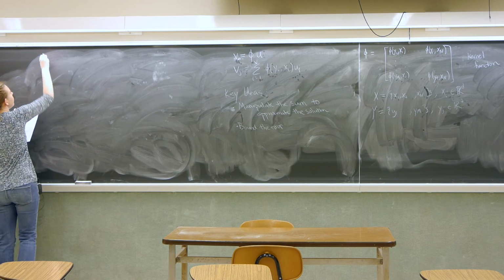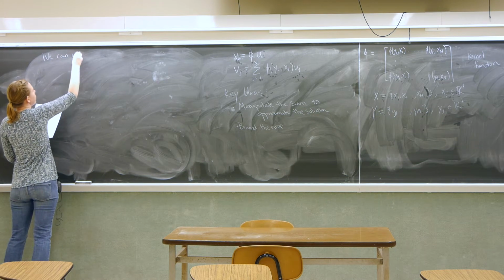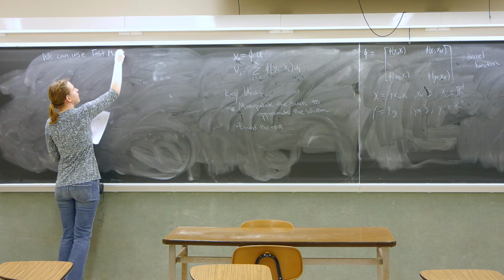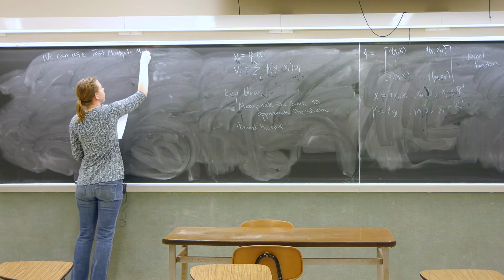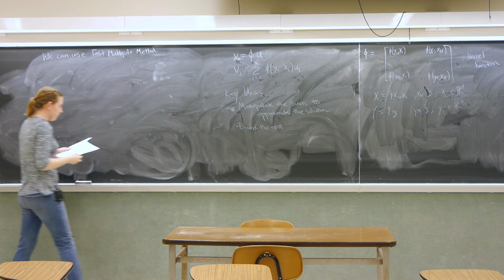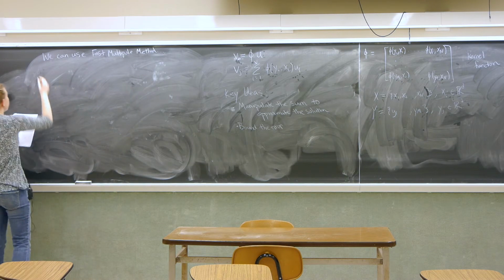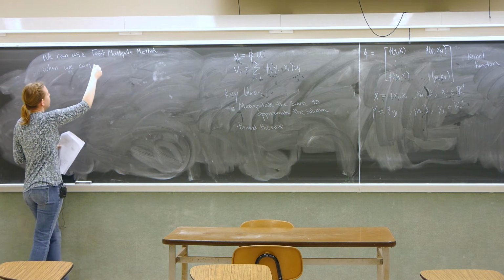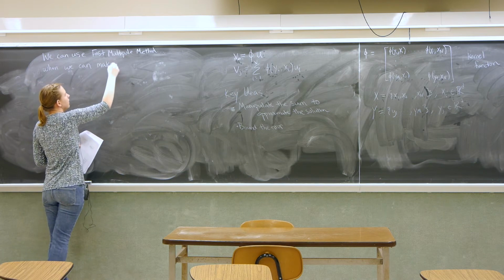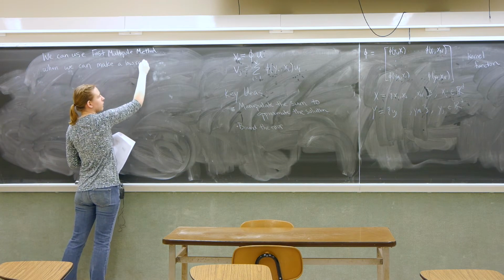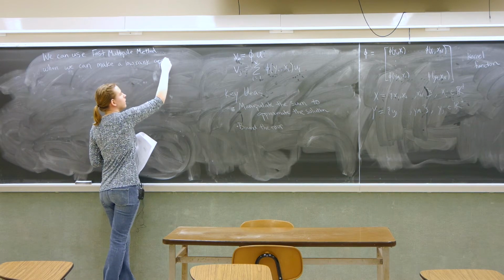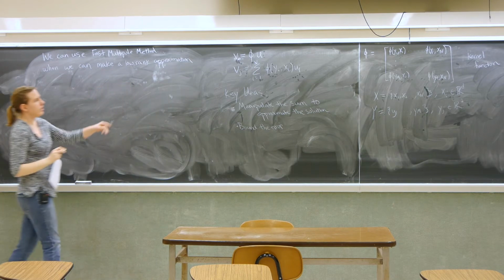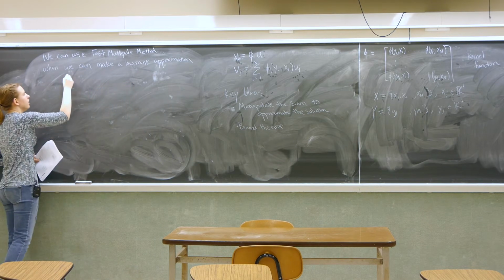We can use the fast multipole method when we can make a low rank approximation to phi.